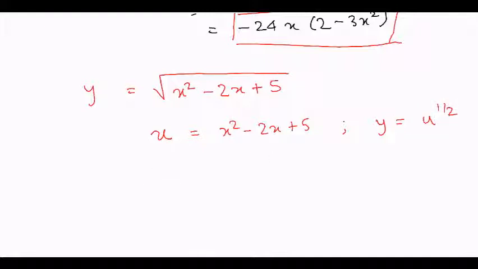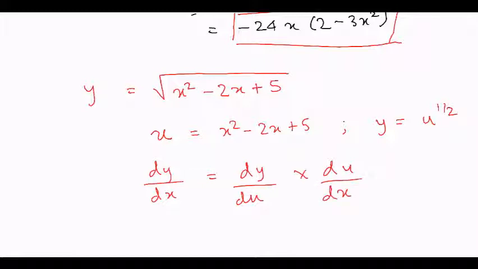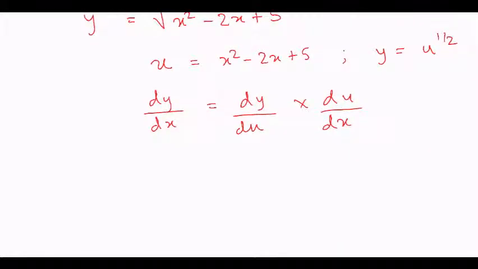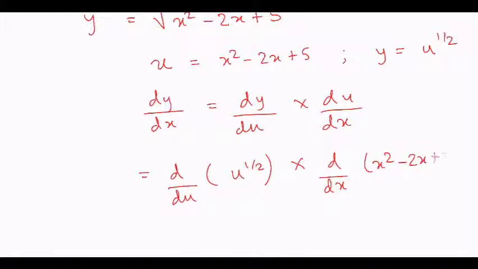Now again I write down the chain rule. dy/dx is equal to dy/du times du/dx. Now if we write out the individual terms, this is equal to d/du of u to the power half, because y is u to the half, and then you have d/dx of x squared minus 2x plus 5.